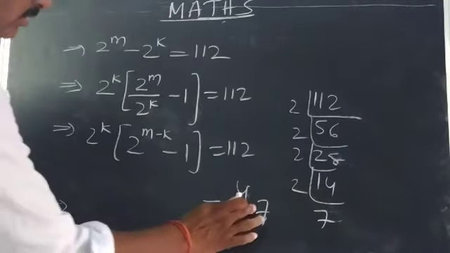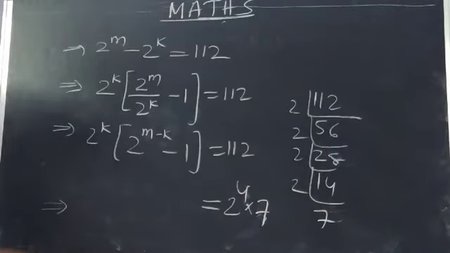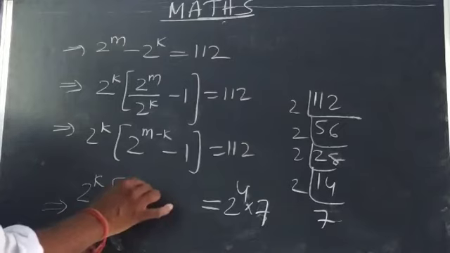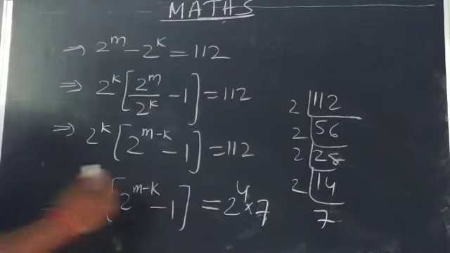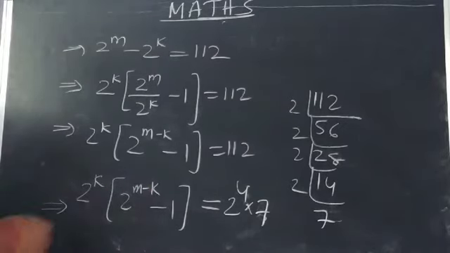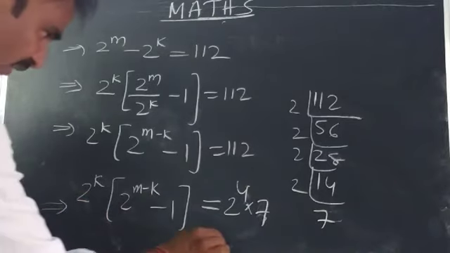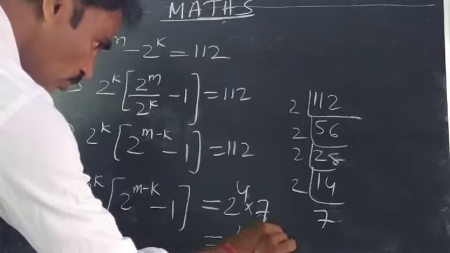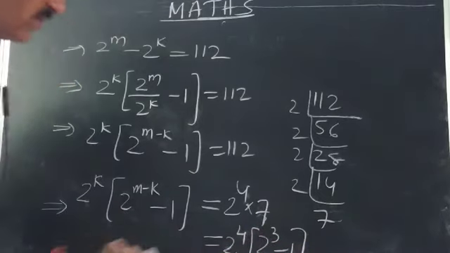I made a mistake here in the LCM. 2 power 4 into 7. So 2 power k into (2 power m minus k minus 1). Now comparing on both sides. Again I am modifying this: 2 power 4, and 7 I can write as 2 cube minus 1. 2 cube is 8, 8 minus 1 is 7.